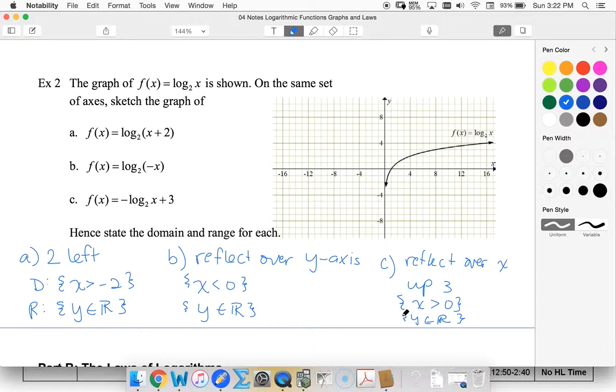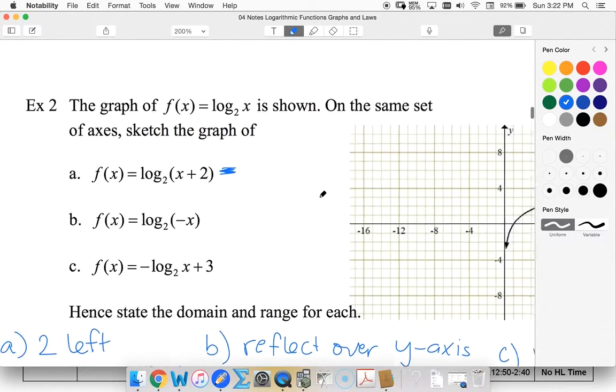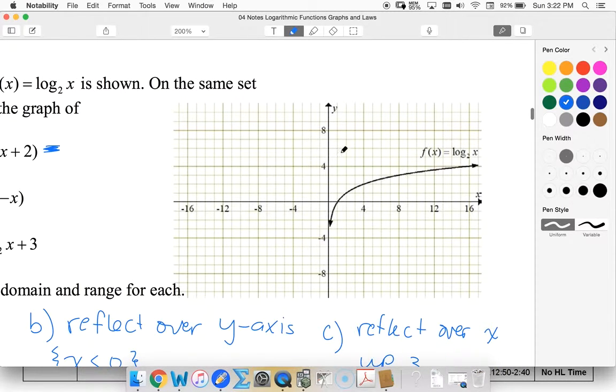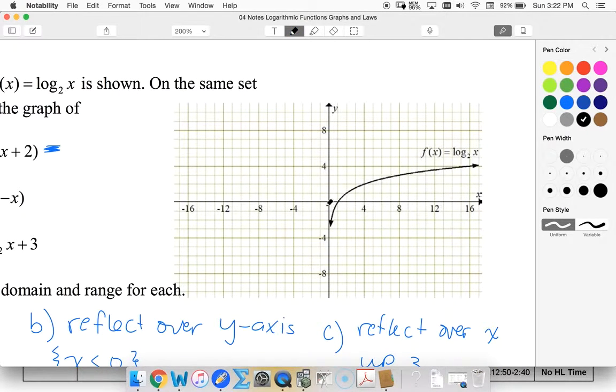All right, so let's graph each of these. X plus 2, I'm moving 2 to the left, so let's make this one blue. So log base 2 of x, I'm going to make my picture a little bit bigger here. Okay, so on my original, I know that I go through the points 1, 0, and then 2, 1, 4, 2.